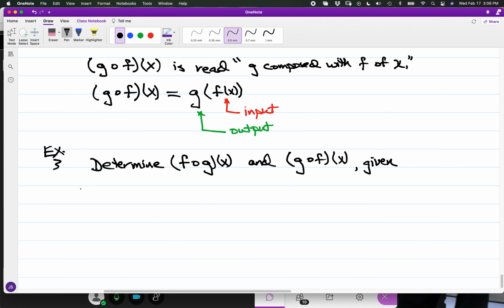We'll say that we have f of x is equal to x plus 2, and that g of x is equal to 2x plus 3.